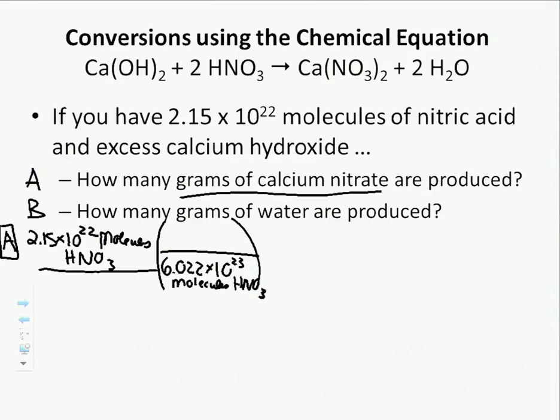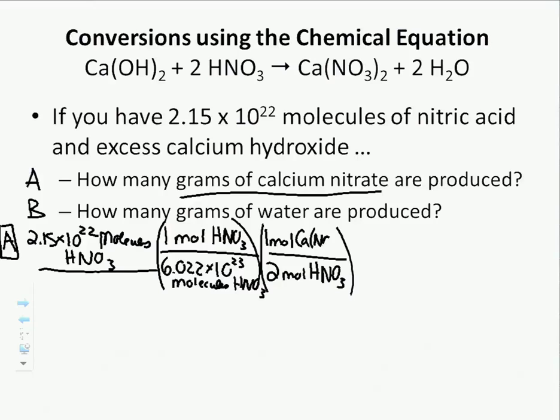So there are 6.022 times 10 to the 23rd molecules of HNO3 in 1 mole of HNO3. We need to get from moles of HNO3 to moles of calcium nitrate. So there are 2 moles of nitric acid for every 1 mole of calcium nitrate.